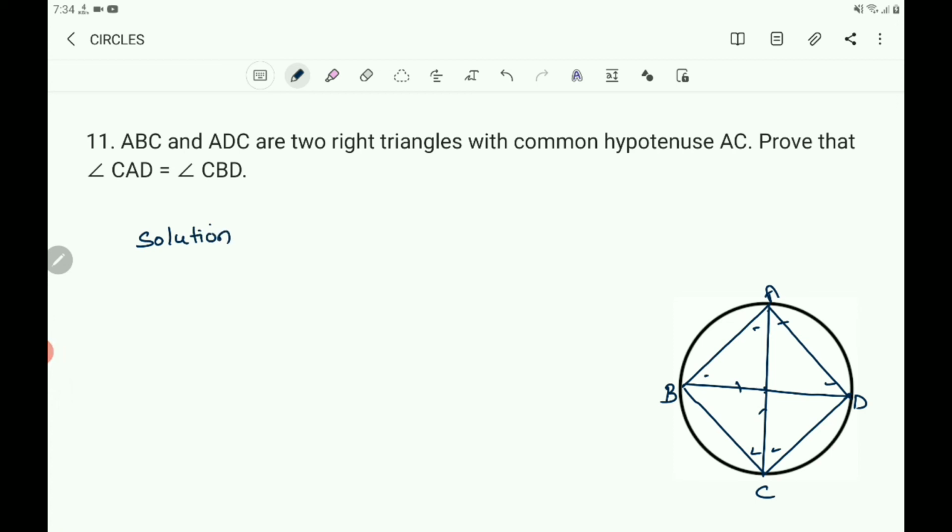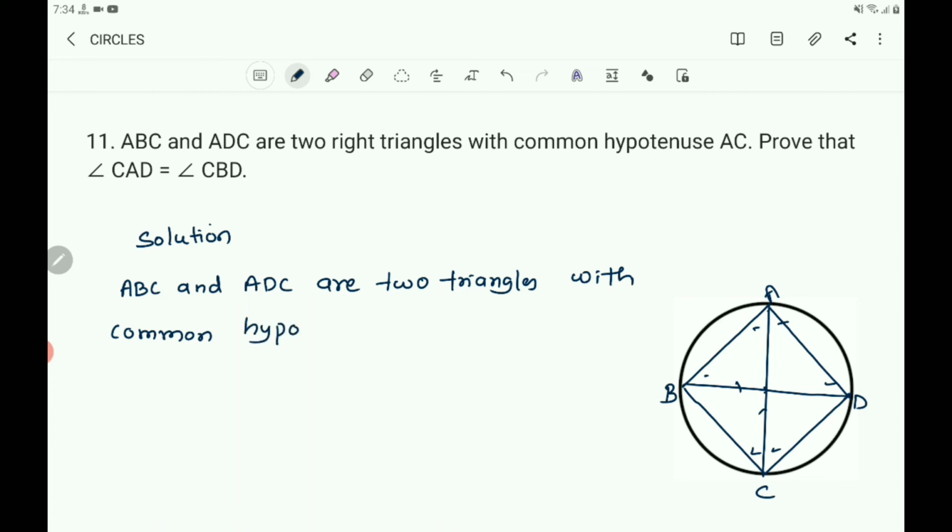Here ABC and ADC are two triangles with common hypotenuse AC.